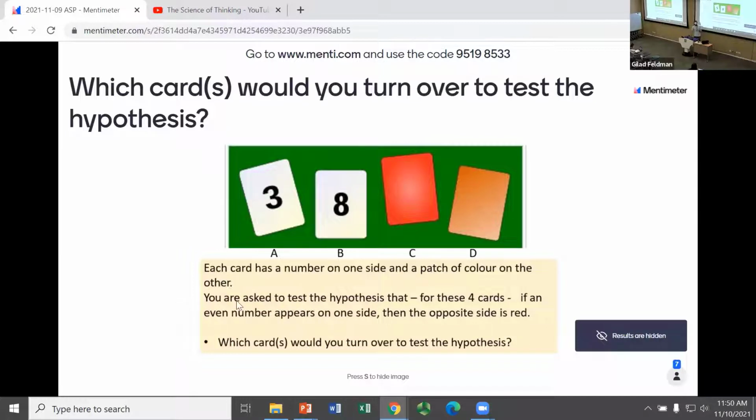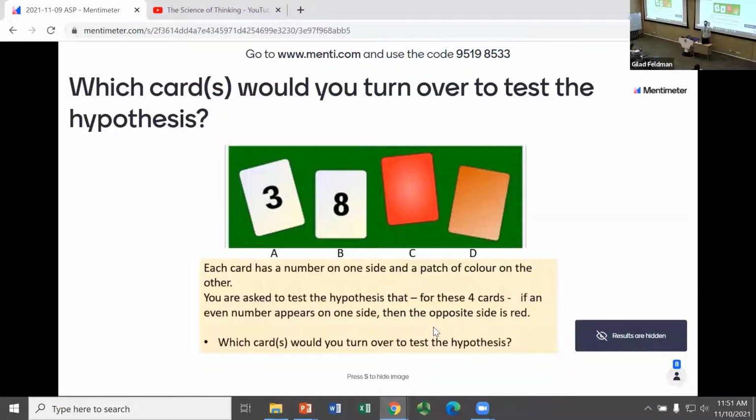You are asked to test the hypothesis that for these four cards, if there's an even number on one side, then the opposite side is red. Now you want to test this hypothesis with a minimum number of cards. Which cards should you turn over to test this hypothesis? Which are the most important cards that you want to flip over here in order to test whether, if you have an even number on one side, then the opposite side is red?